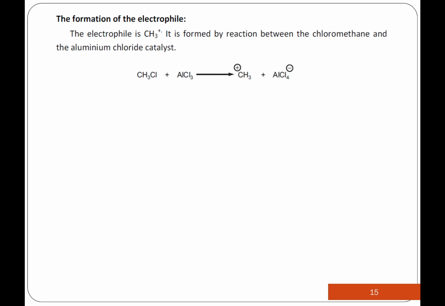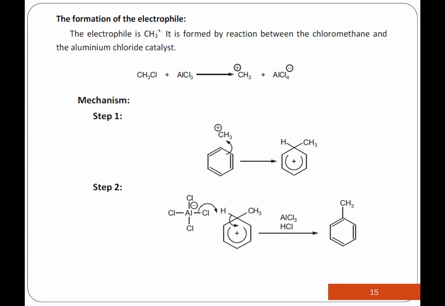This is the generation of the methyl electrophile, positively charged, and the conjugate base AlCl4. In the first step, this methyl electrophile will get attached to the benzene to form the carbonium ion, and then AlCl4 rapidly will abstract the proton to give you methyl benzene.